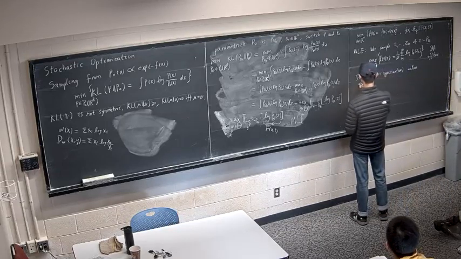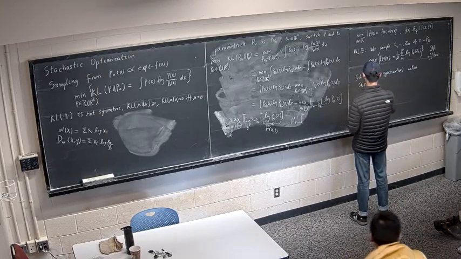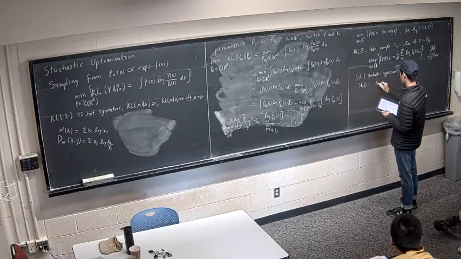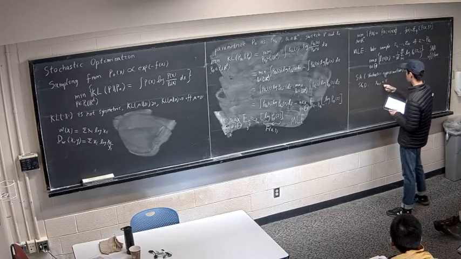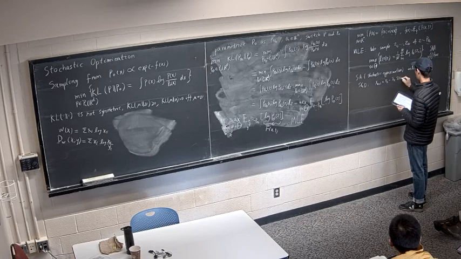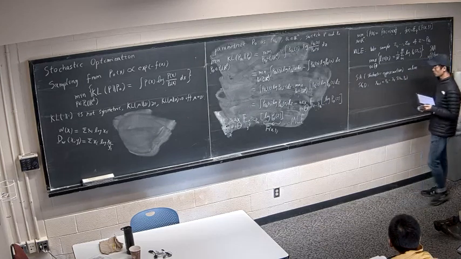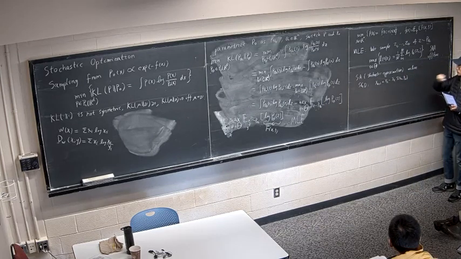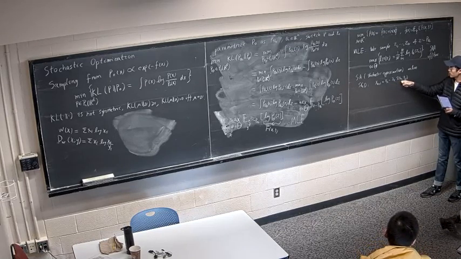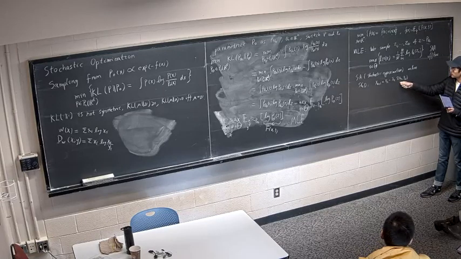For example, in SGD, stochastic gradient descent, your x_{k+1}. So this is an iterative method. Here we just do a gradient descent step, but we replace the gradient at x_k by a stochastic gradient.